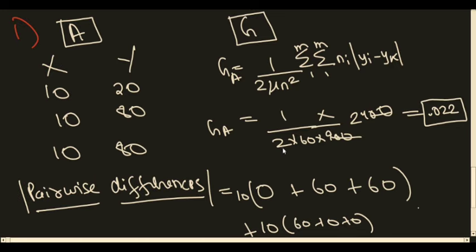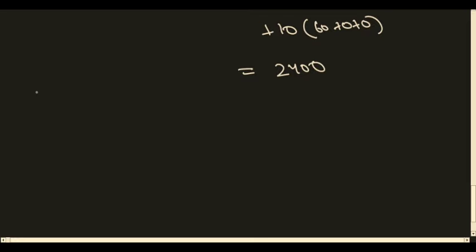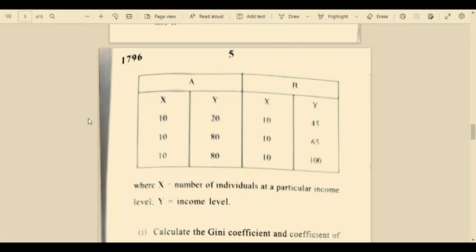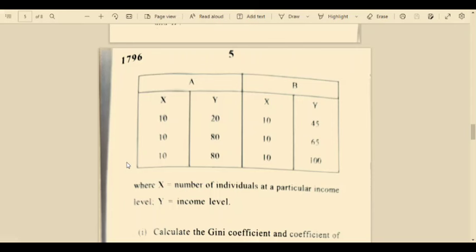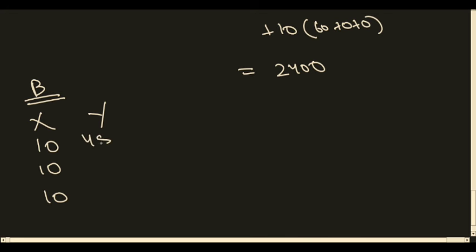Now for country B, in a similar manner. Country B, we have X, 10, 10, 10, and Y, 15, 45, 6500. So we take pairwise differences.